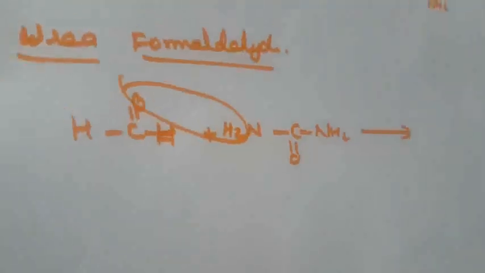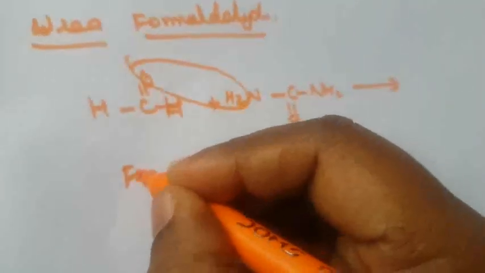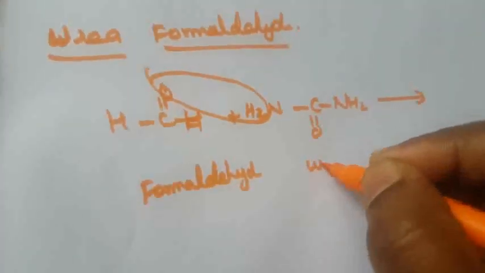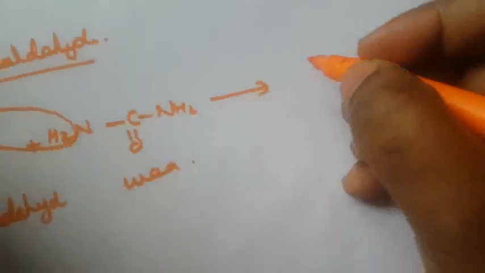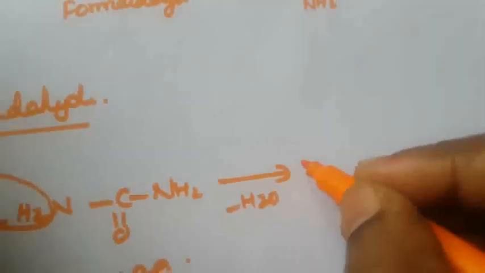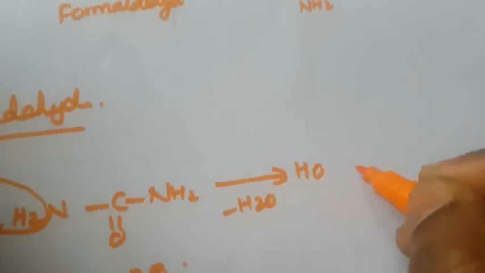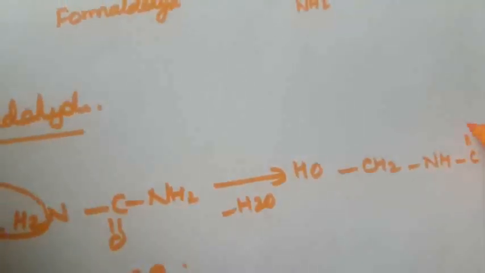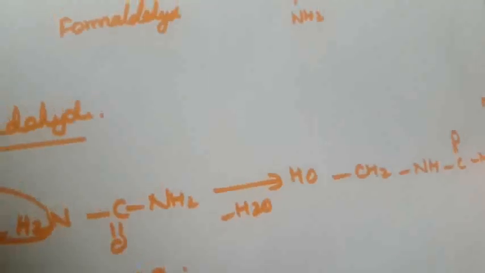So formaldehyde reacts with urea to form this compound, and H2O is eliminated. Then CH2, NH, C double bond O, NH2.